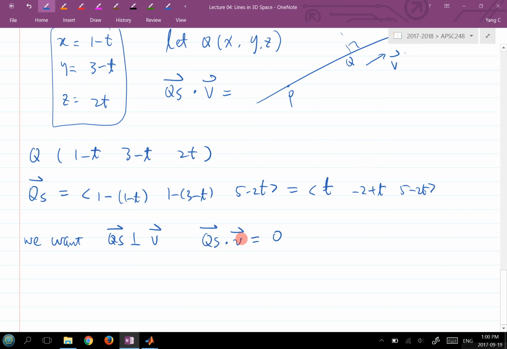So now we put things together, right? The dot product is 0. I already have the QS vector here, and the V vector here, so you take the dot product. So what does this dot product give us? This one here is a t. Did I make a mistake?